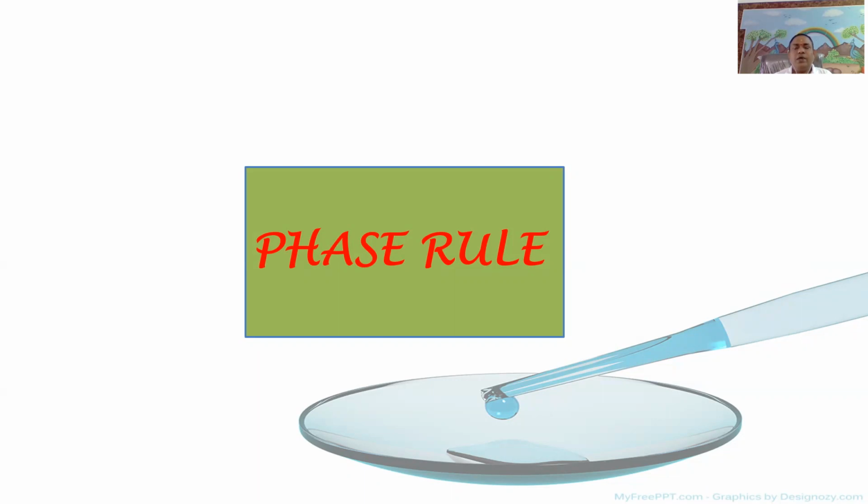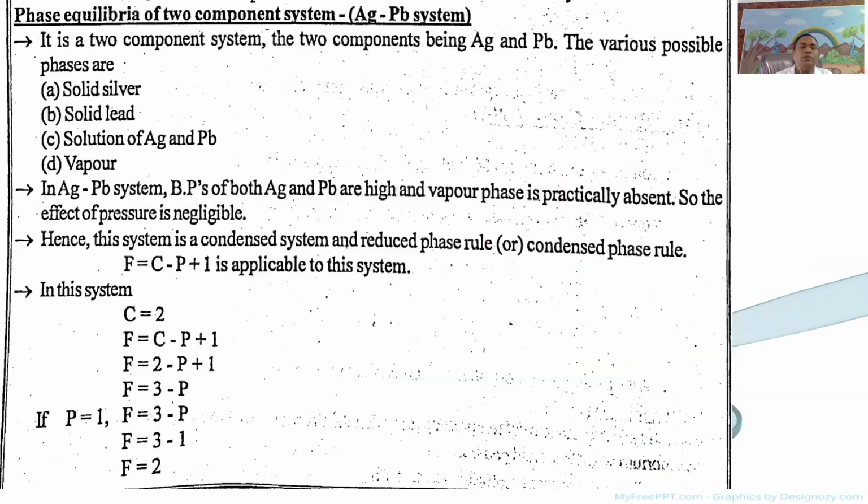Therefore, we keep pressure constant. Therefore, for a two component system, a reduced phase rule is applicable. That is P + F = C + 1, called the reduced phase rule.